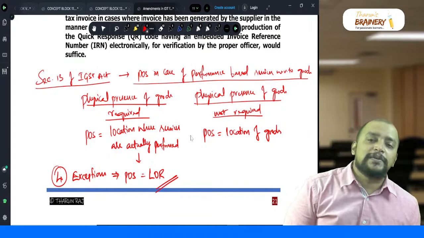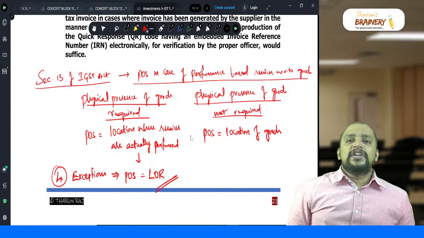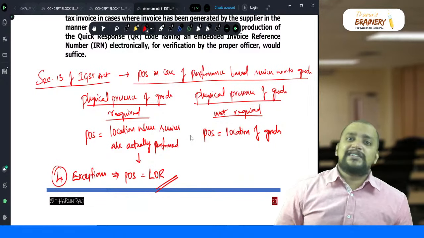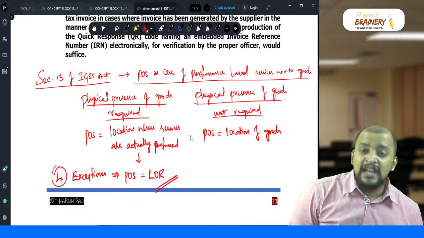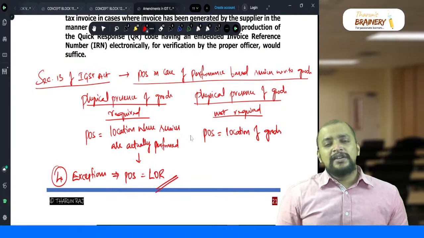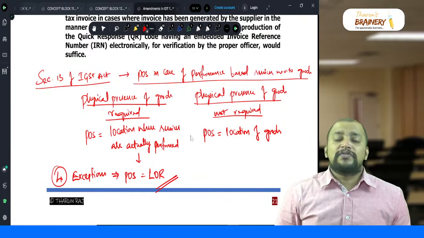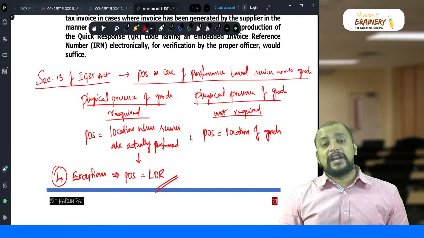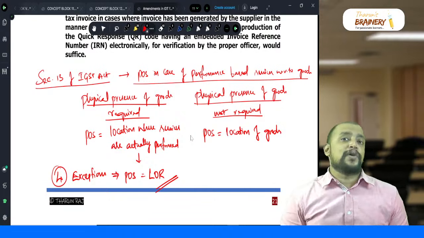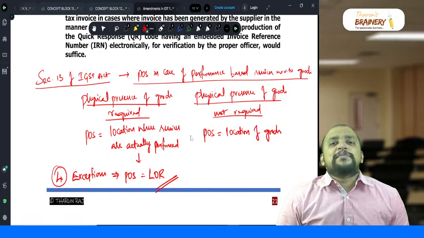That is one exception. Another exception: if drugs are being imported for carrying out clinical research. In that case, on these drugs, what would be taken as the place of supply? Location where services are actually performed, because physical presence of the goods is required. Then it will never become export of service.